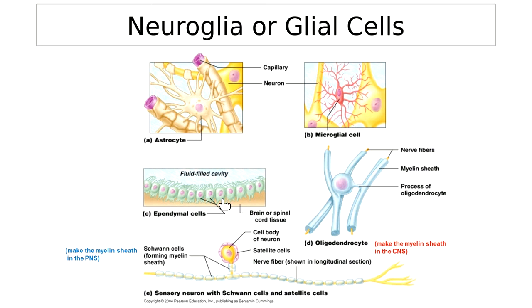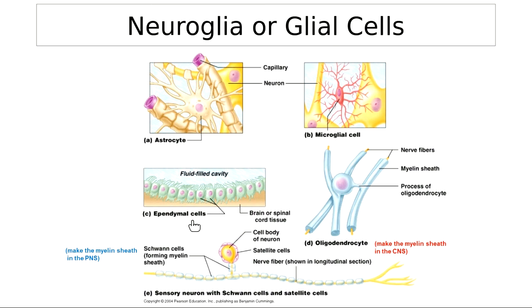Number 4, ependymal cells. Cuboidal to columnar cells which line the ventricles, those are spaces inside of the brain, and the central canal of the spinal cord. We will look at that on future slides. May be covered with cilia.